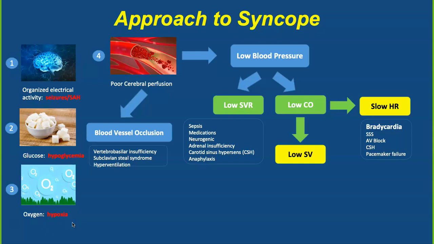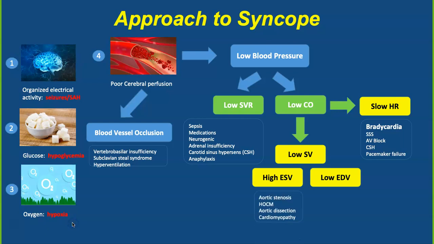Now, what causes low stroke volume? It may arise from high end systolic volume or low end diastolic volume. Diseases associated with a high end systolic volume are aortic stenosis, hypertrophic obstructive cardiomyopathy or HOCM, aortic dissection, and cardiomyopathy.